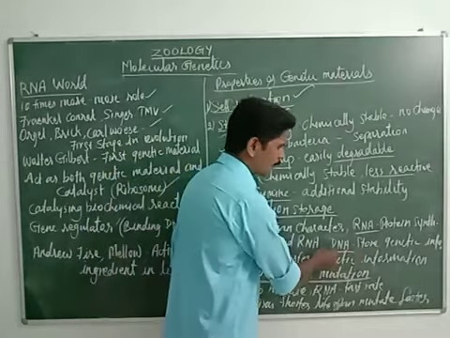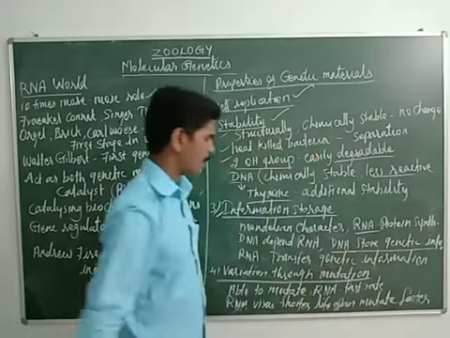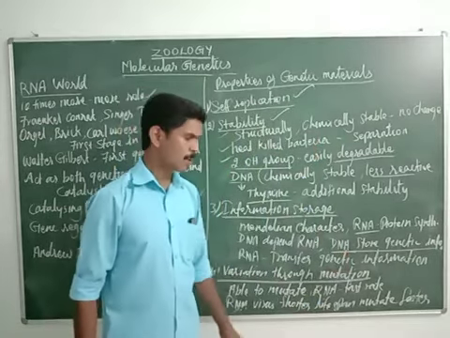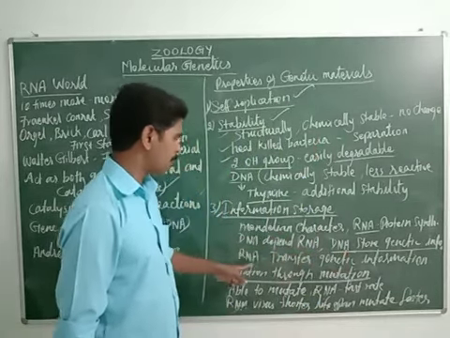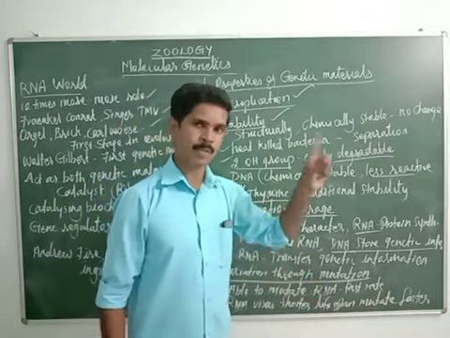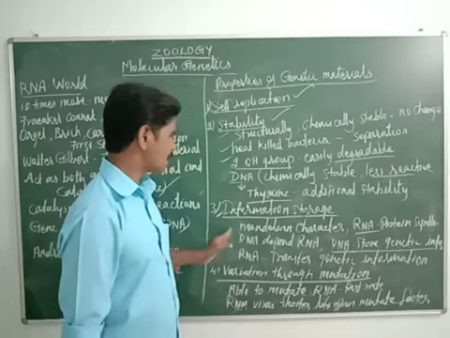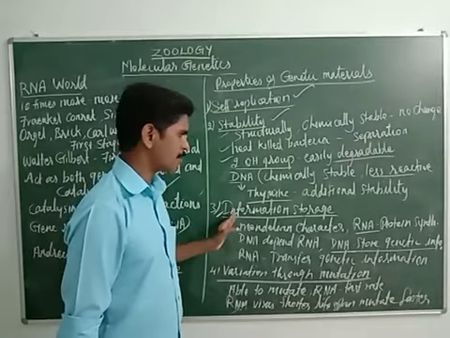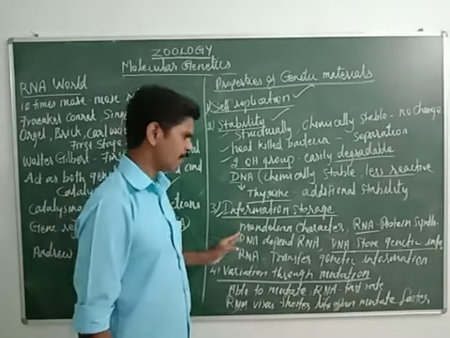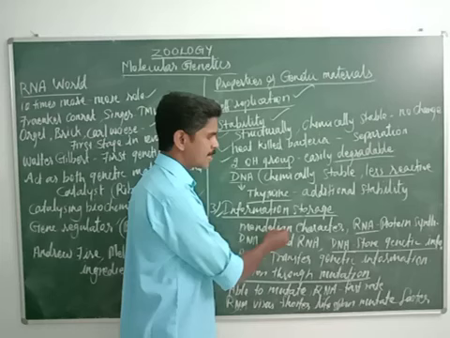Then next point. The DNA molecules can store more genetic information, but the RNA molecule can transfer the genetic information from one generation to the next generation. Now once again I repeat the information storage points. First, the genetic material should express the Mendelian character.